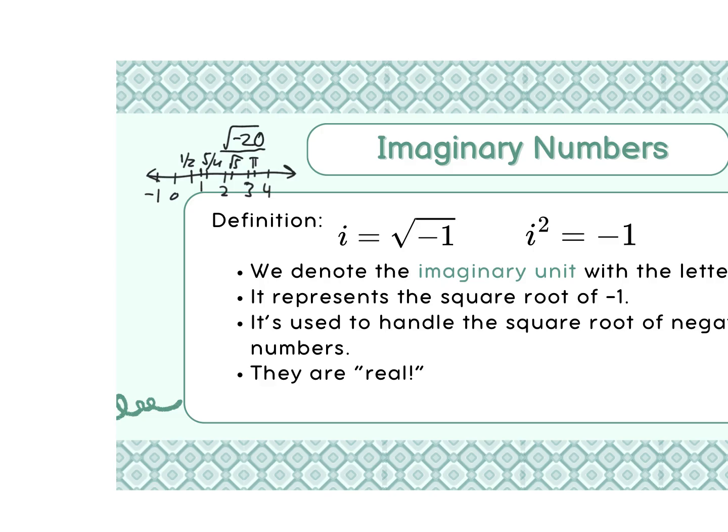So we kind of have to create a whole new number system, or not create, but there was a whole number system that was developed and expanded to extend our knowledge of what numbers could possibly be.